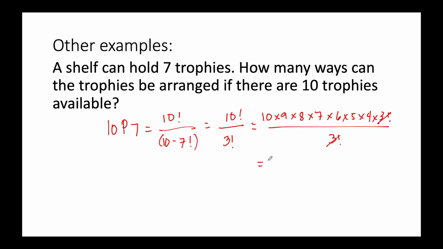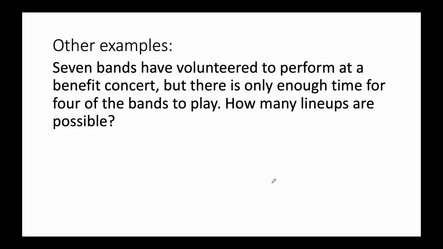So that 10 times 9 times 8 times 7 times 6 times 5 times 4 is simply equal to 604,800 ways. That is the answer. Okay, next example.